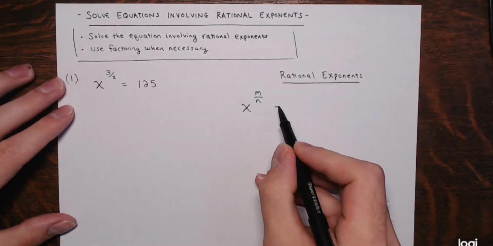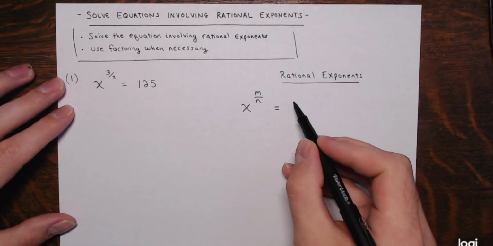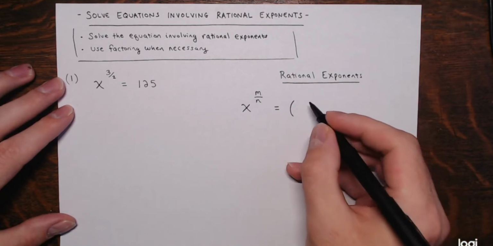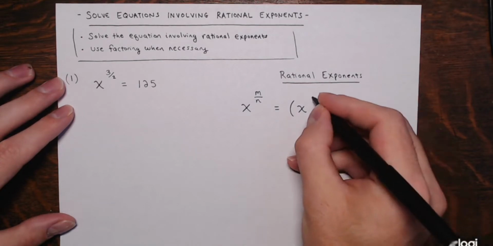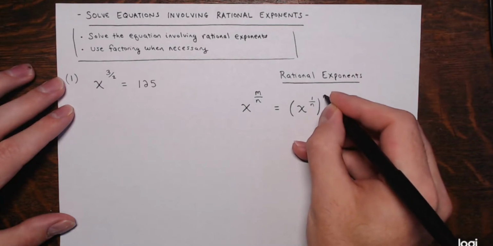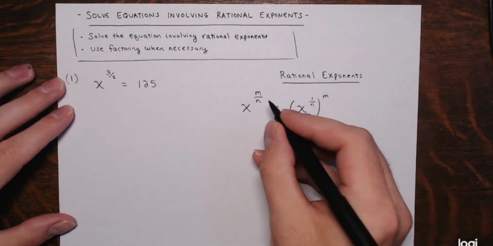Remember, there were two different ways to express this. One, using the power to a power property of exponents, we could express this as x to the 1 over n power, and then to the mth power after that. m times 1 over n would be m over n.